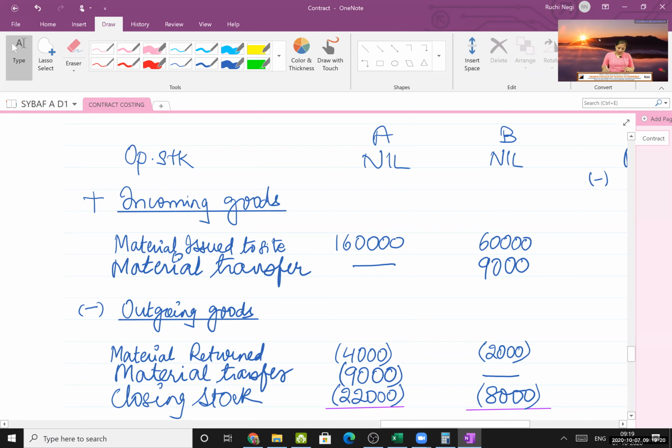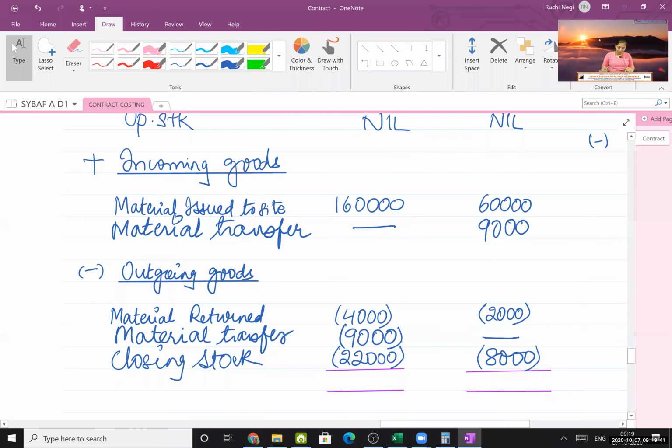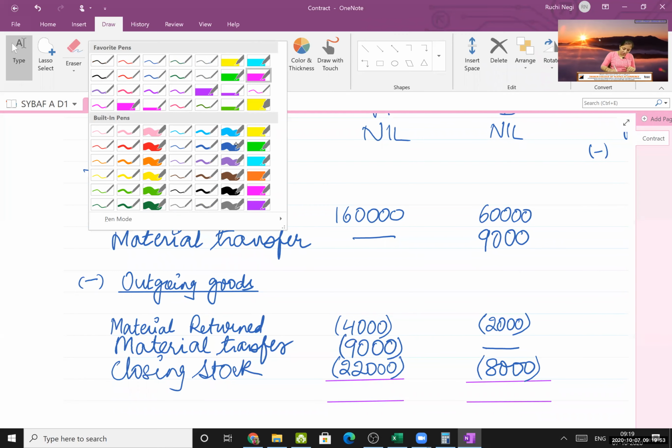And from contract A, it is going. So less outgoing. See here I have added and from here I have subtracted. Next, less outgoing of goods. Material returned 4,000 and 2,000. Even closing stock is there 22,000 and 8,000. Okay, so let us solve now.